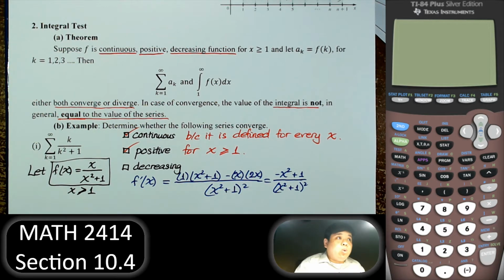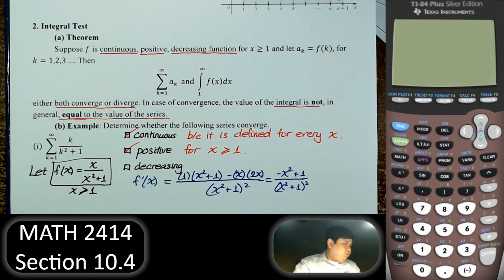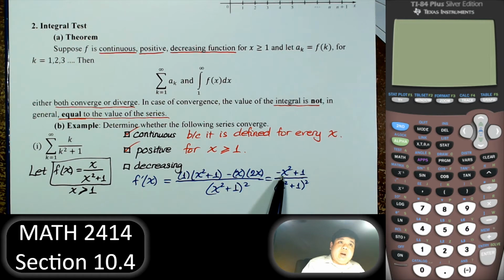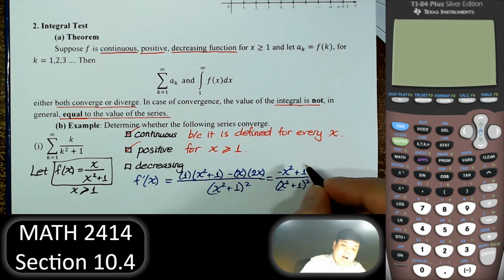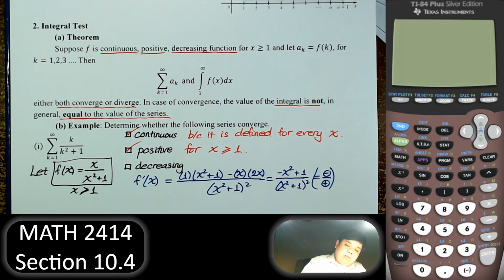Now, what we see is because x is greater than or equal to 1, even if you put 1 in here, it's still 0. But like I said, we're not worried about that. We worry about the terms, so start from 2, it doesn't matter. Whatever it is, if we put a very big number bigger than 1 in here, the top is going to be negative and the bottom is going to be positive, always.